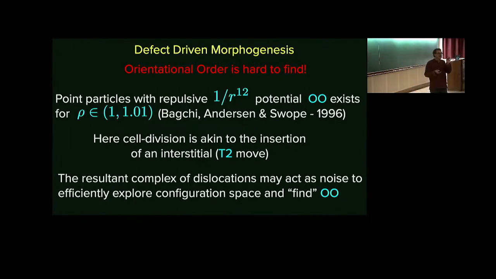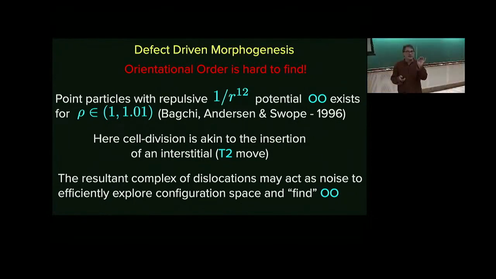And the hexatic phase exists for a density range of 1%, between 1 and 1.01. Interestingly enough, the way that they uncovered this phase was to simulate a bicanonical-like ensemble.